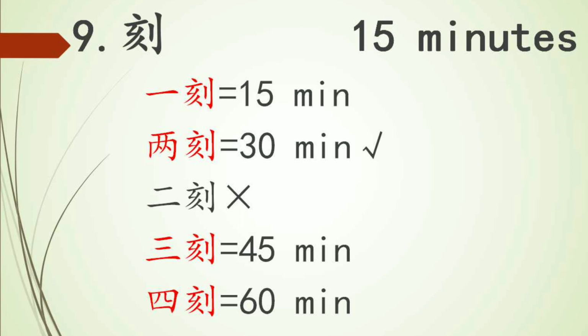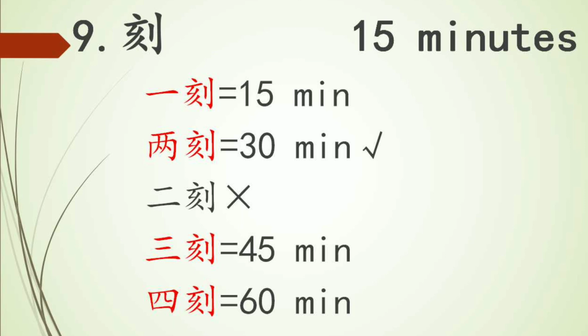课. This word is very important in this unit. 课 is the same as 15 minutes. 一课 is 15 minutes, 15分. 两课 is 30 minutes, 30分. 三课 is 45 minutes. 四课 is 60 minutes.